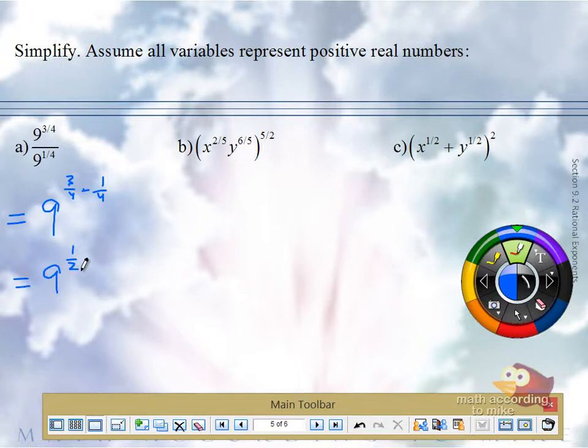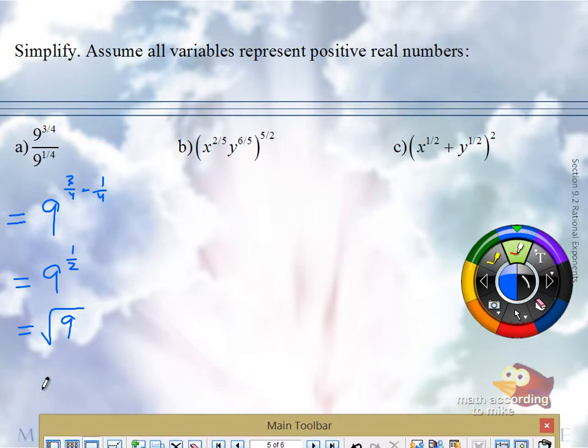What is 9 to the 1/2? Yeah. 9 to the 1/2 is the square root of 9, which is 3. Fancy.